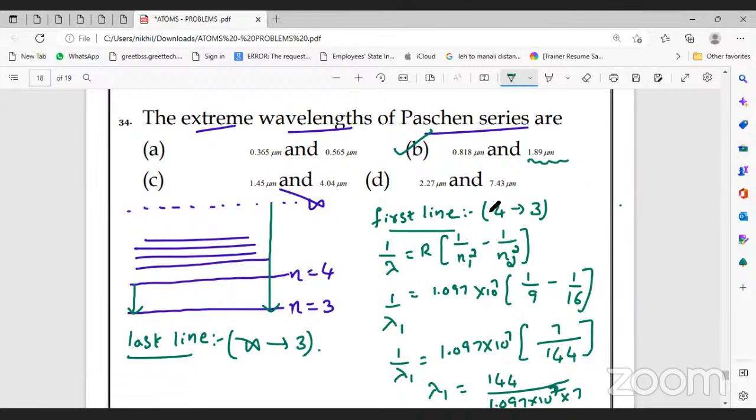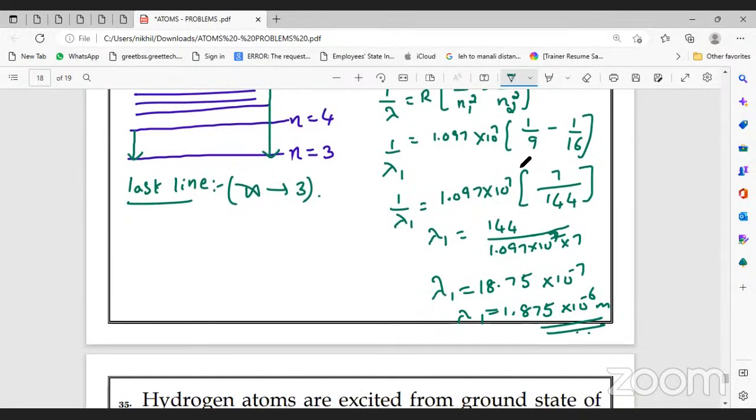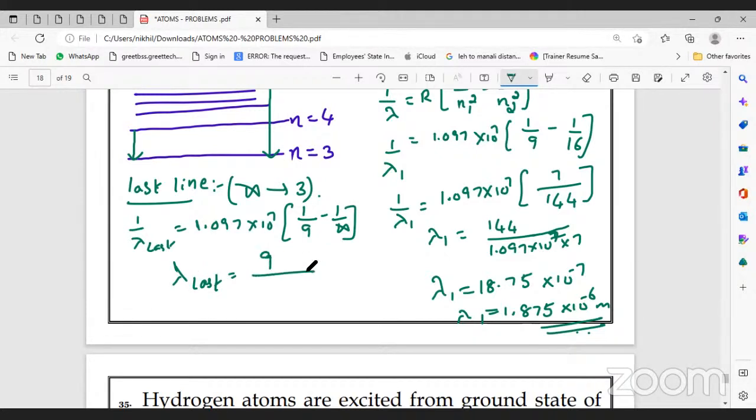But if you want to find the wavelength of the last line, use the same formula. 1 by lambda for the last line is equal to R, that is 1.097 into 10 power 7, into 1 by 9 minus 1 by infinity. So the wavelength will be 9 divided by 1.097 into 10 power 7.